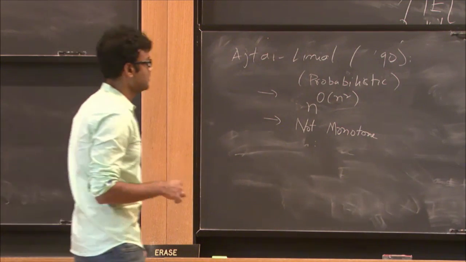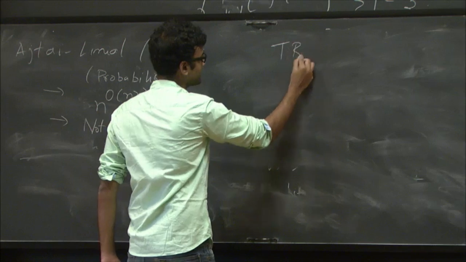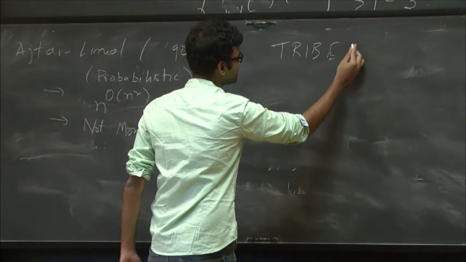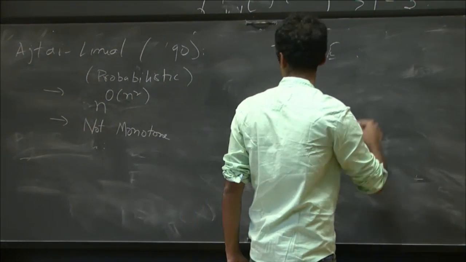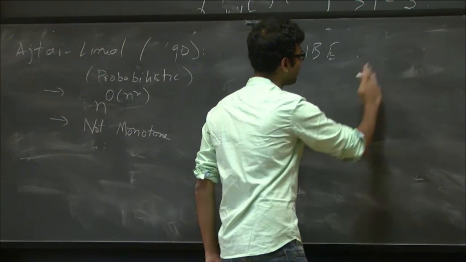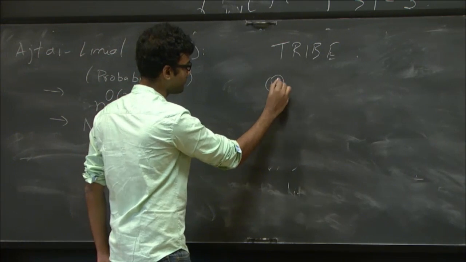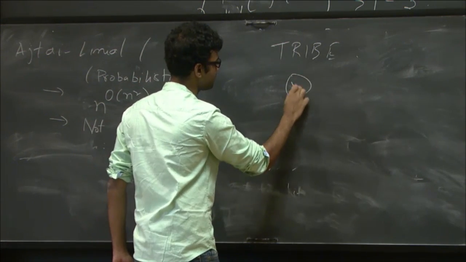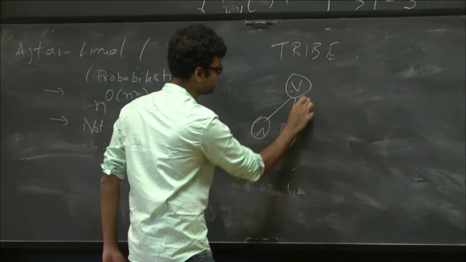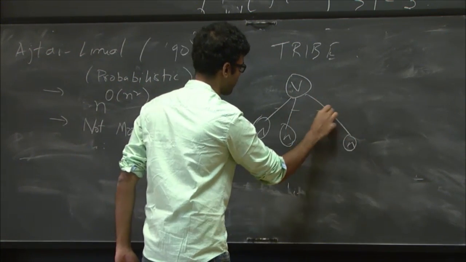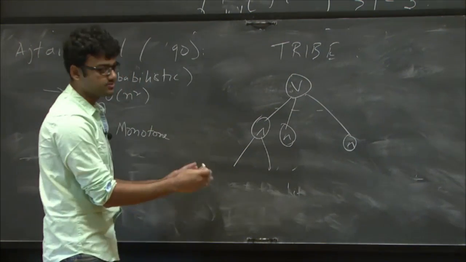All right. So let's start out by defining these well-known functions called tribes functions. A tribes function can be visualized in this way: you have a top OR gate, and we take ANDs on disjoint subsets of variables.